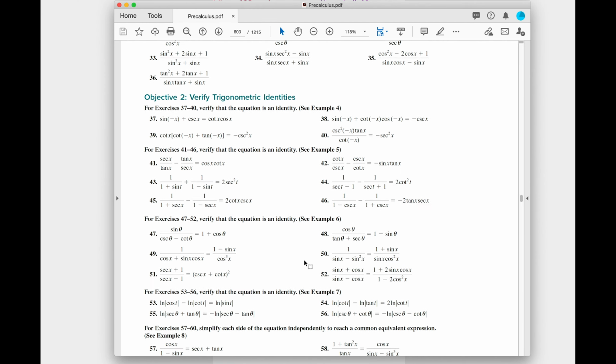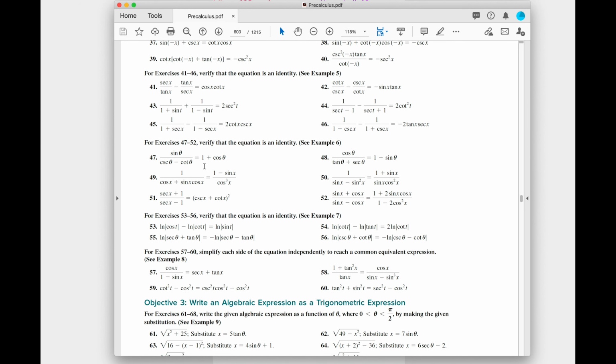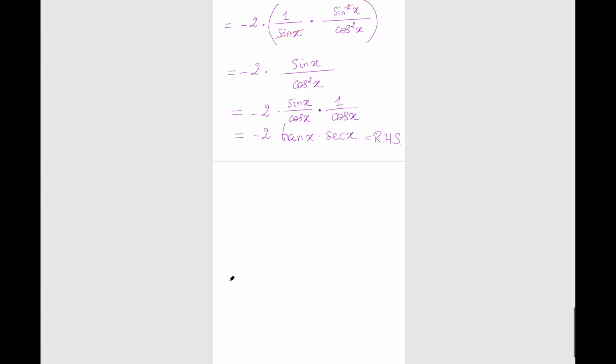Right. Let's go to a problem from 47 to 52. How about 52? Let's go for 52. Sine x plus cosine x divided by sine x minus cosine x. And so somehow we want to manage to show that this is the quotient between 1 plus 2 sine x cosine x and 1 minus 2 cosine x squared. So that's 52.